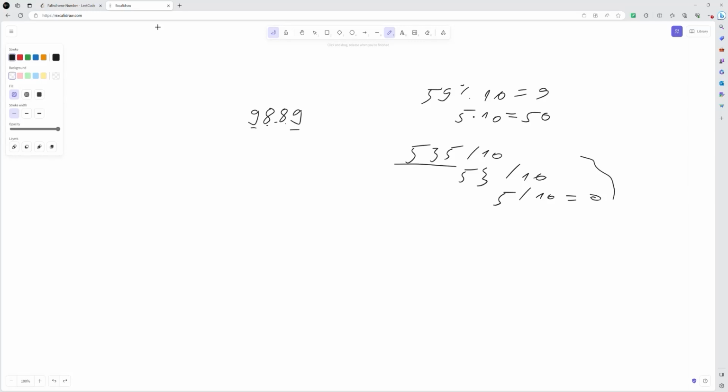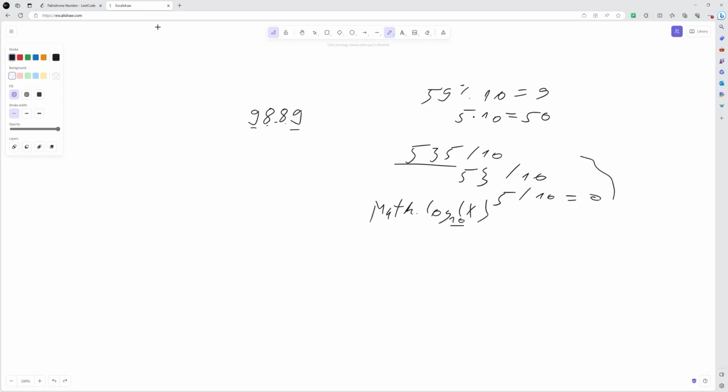So we can use the mathematical function logarithm to find the number of digits. And also the base is 10 because we are dividing by 10. So this will help us find the number of digits.